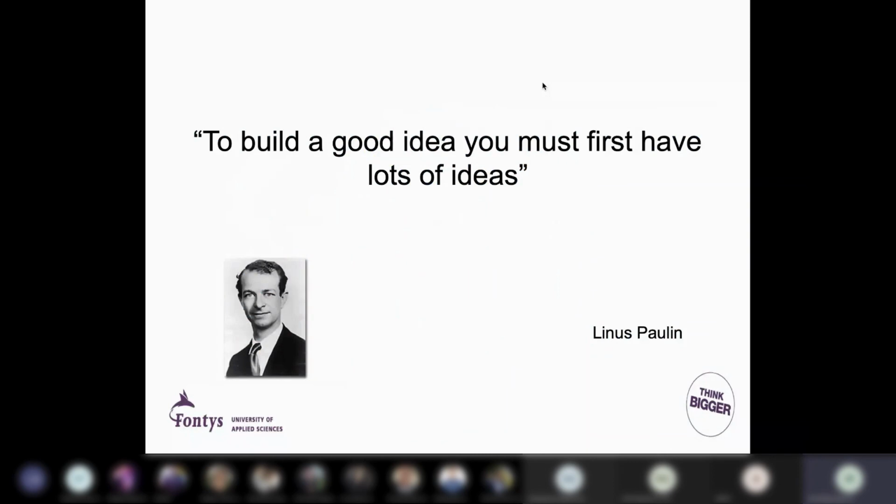Now there is a nice line from this scientist, Linus Pauling. There's a typo here, it should be with a G at the end. Linus Pauling, with a G at the end. He said, something like, to have a good idea, you must first have lots of ideas. That sounds right, because if I give you a problem and tell you to tell me how you would solve it, one of the methods we normally use in brainstorming sessions when solving a problem is to discard the first idea.